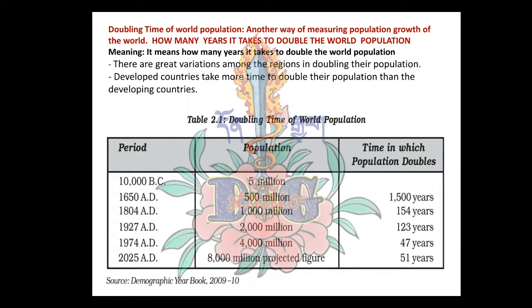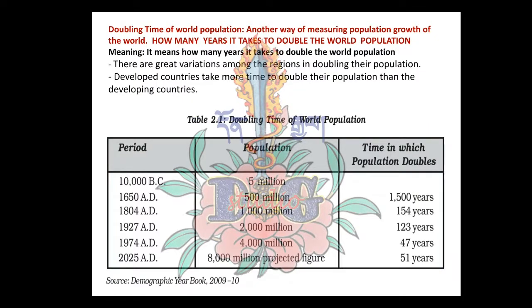With the help of the following table, we are going to explain the concept of doubling times of world population. In the table, we have the period, the population, and the time in which the population doubles.